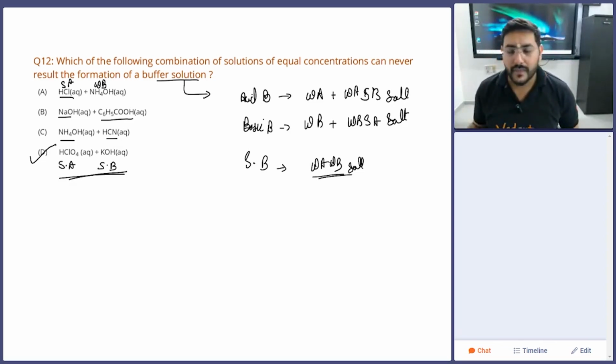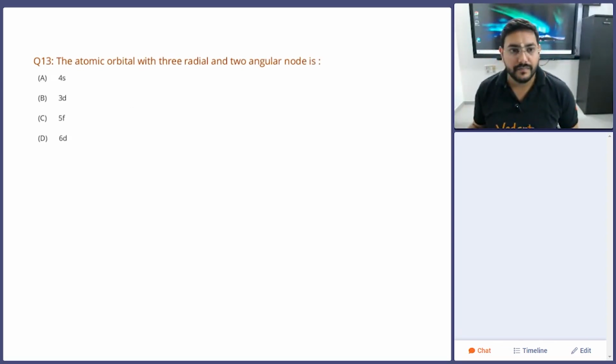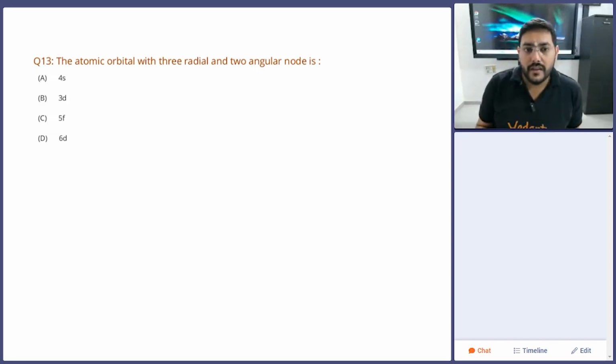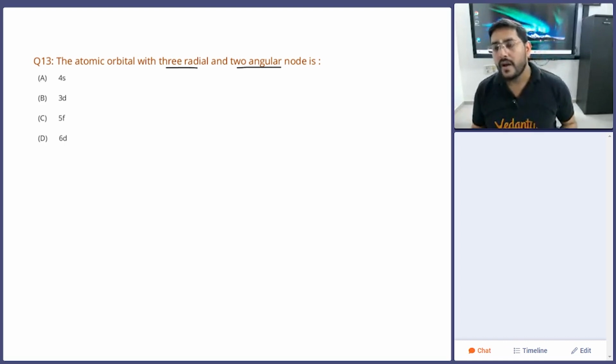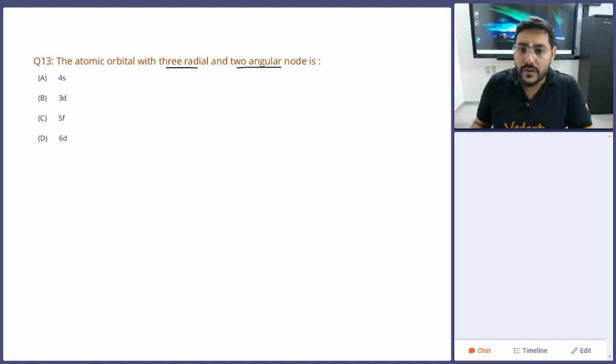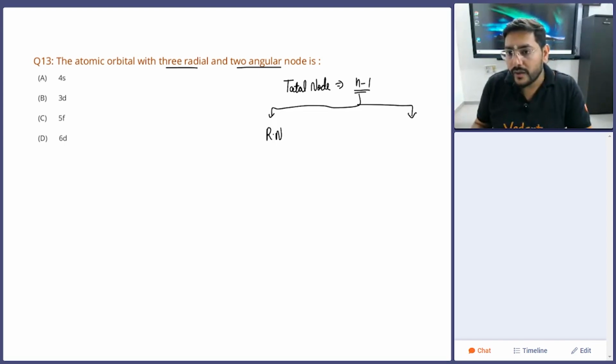Now, atomic orbital with the 3 radial and 2 angular node. What is node? Node is a region around nucleus where probability of finding electron is going to be 0. First of all, there is a formula for calculation of total number of nodes. Total node formula is n minus 1, and there is a radial node and an angular node.